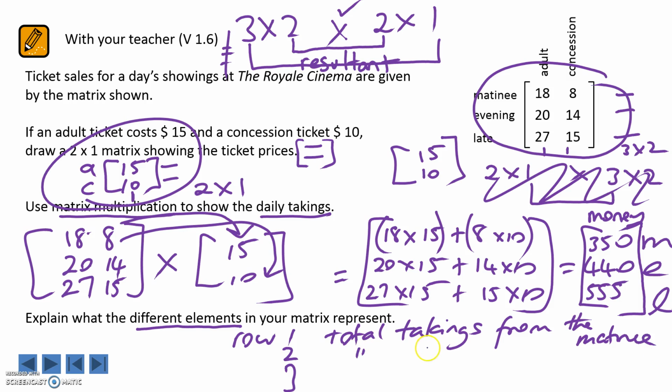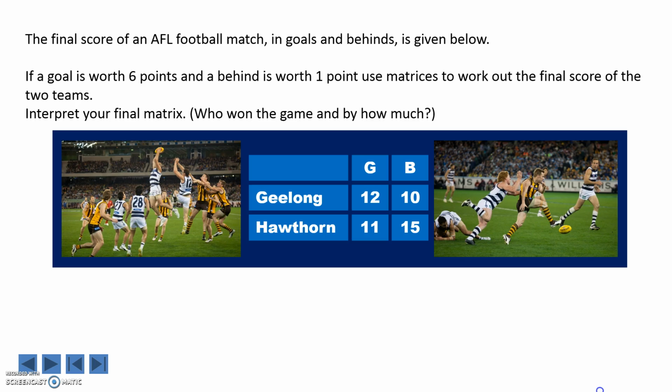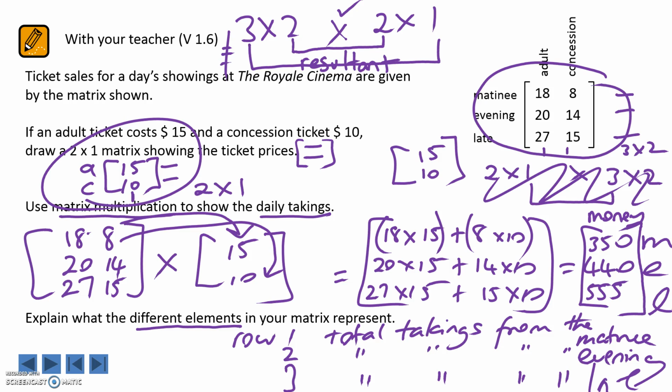And then row 2 is the total takings from the evening session. And then row 3, this one here, is the total takings from the late session. And you could add them all up, 350 plus 440 plus 555, and you could get the total money that you get in, say, for that week.